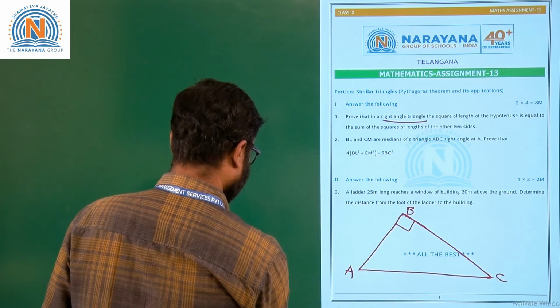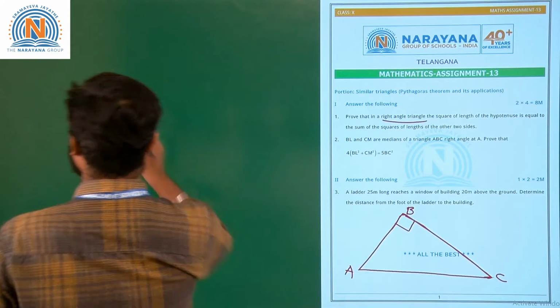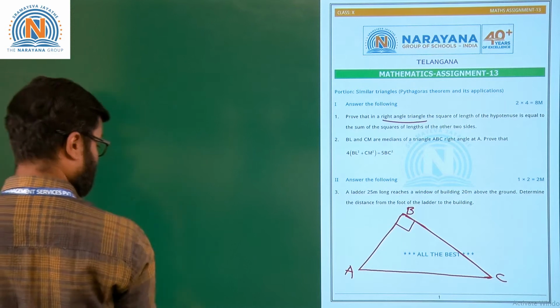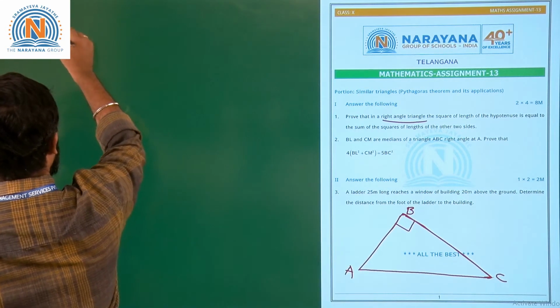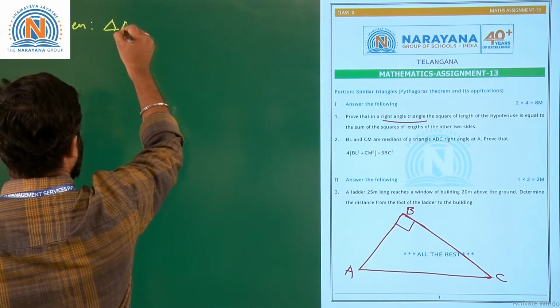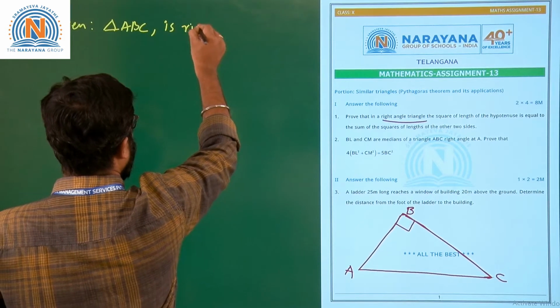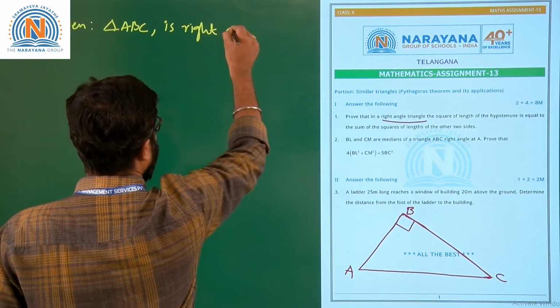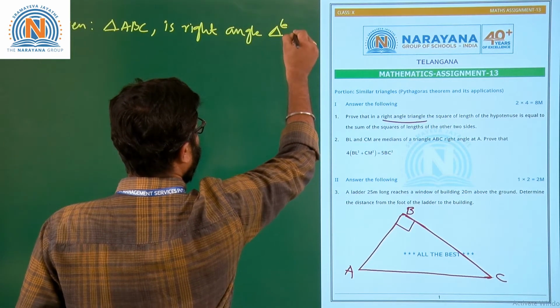Now see children, let's write the given here. What he has given is that triangle ABC is a right angle triangle, isn't it?